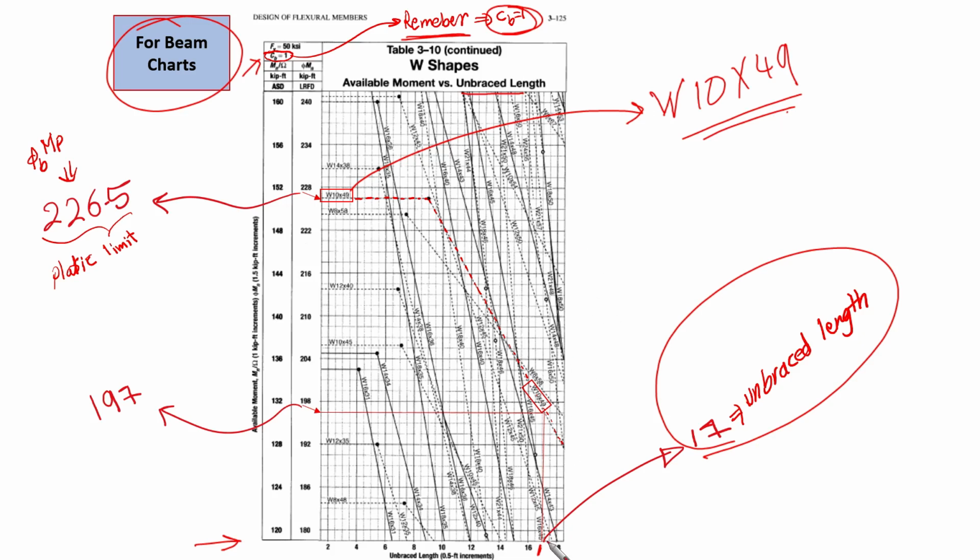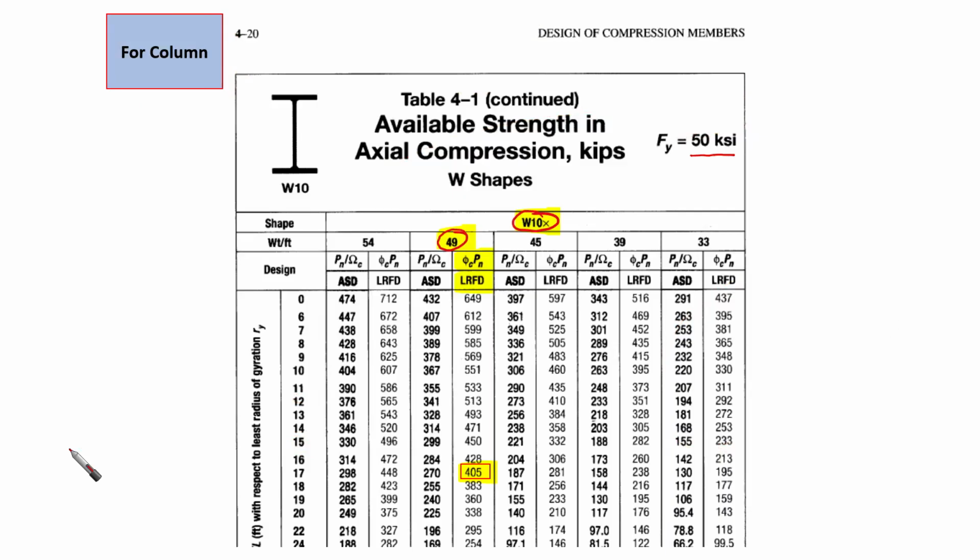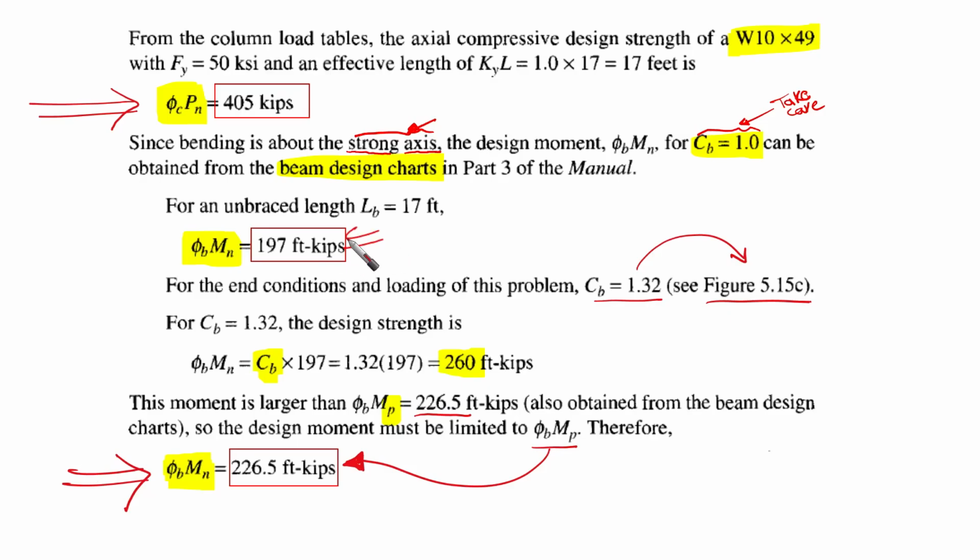Then if you go up, hit the line, and go horizontally, you're going to find here we are between these two marks, and we found it 197. Let's go back and put it as we found it. Yes, it is 197. For the end conditions and loading of this problem, C_b equal to 1.32.